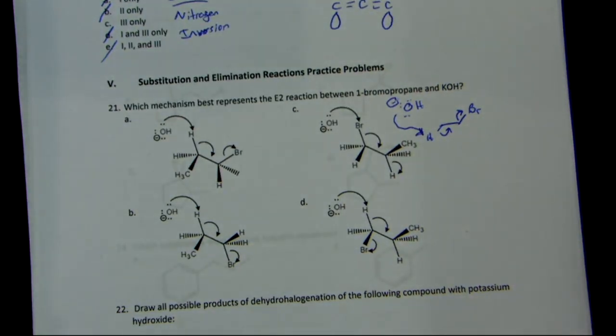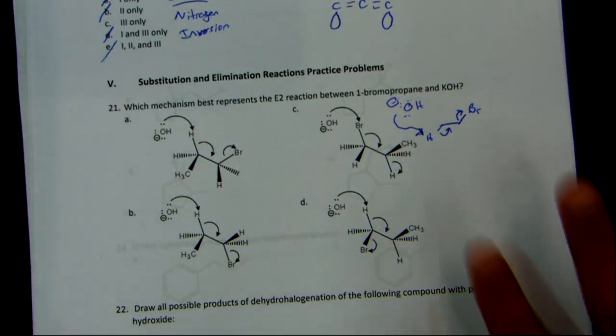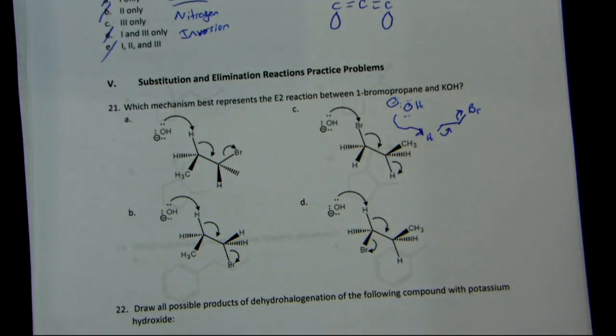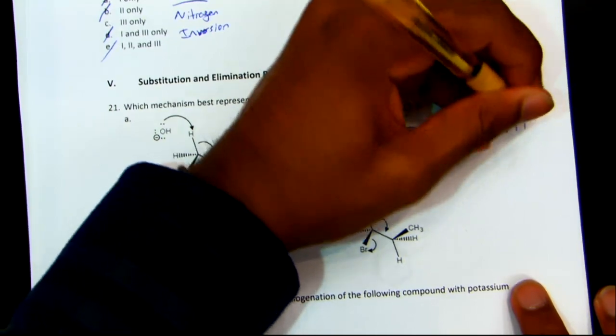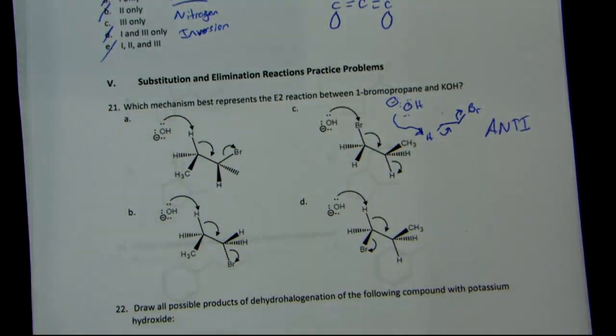The key thing with E2 is that these two groups should be anti to each other. Is that cool? If they're not anti, it doesn't work because it's backside attack. Same with SN2, we're going from the backside. I'll phrase that better next time.